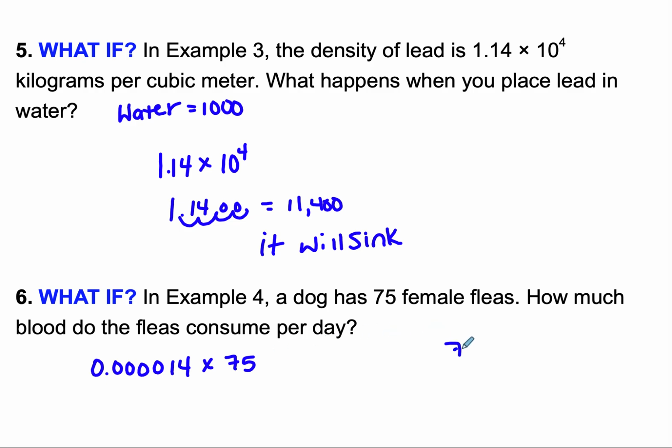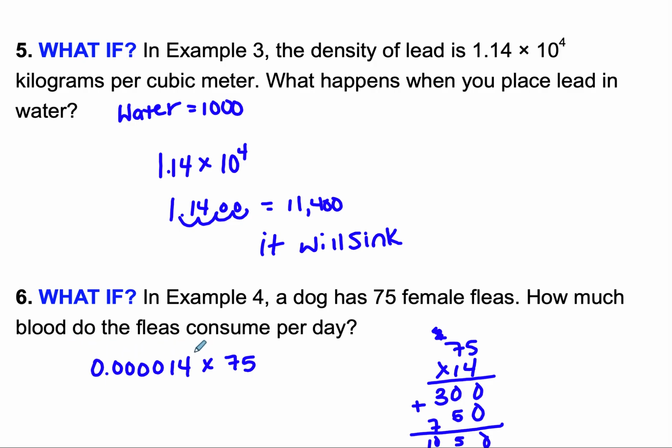I'm just going to multiply it like 75 times 14. 4 times 5 is 20. 4 times 7 is 28, plus 2 is 30. Placeholder 0, 1 times 5 is 5. 1 times 7 is 7. Add those together, 0 plus 0 is 0, 0 plus 5 is 5, 3 plus 7 is 10.